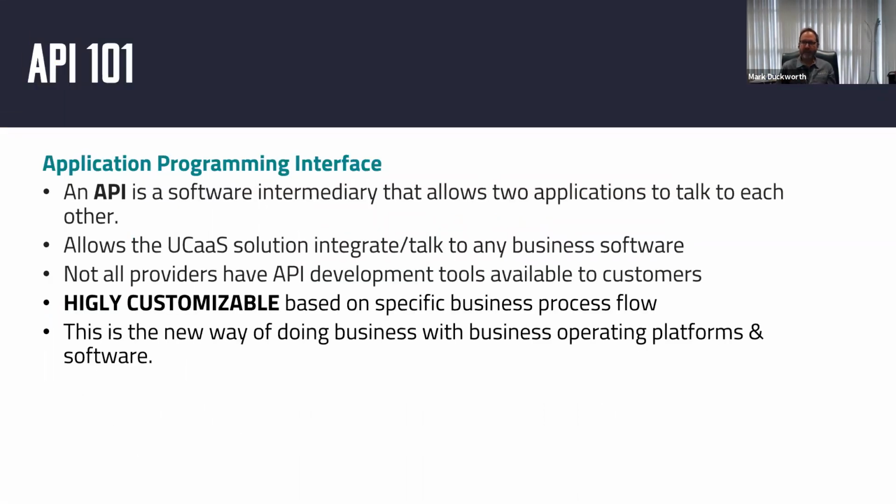APIs, this is probably, again, one of the most overlooked benefits, and will help you win more deals than anything in UCaaS. I would also venture to say that 3 to 5 years down the road, this will be one of the leading sales integration points with the UCaaS solution as this becomes more prevalent. But basically, API is just really the software interface that allows the UCaaS solution to talk to a different solution, whether that's their core business solution, a Salesforce, or a contact center solution.